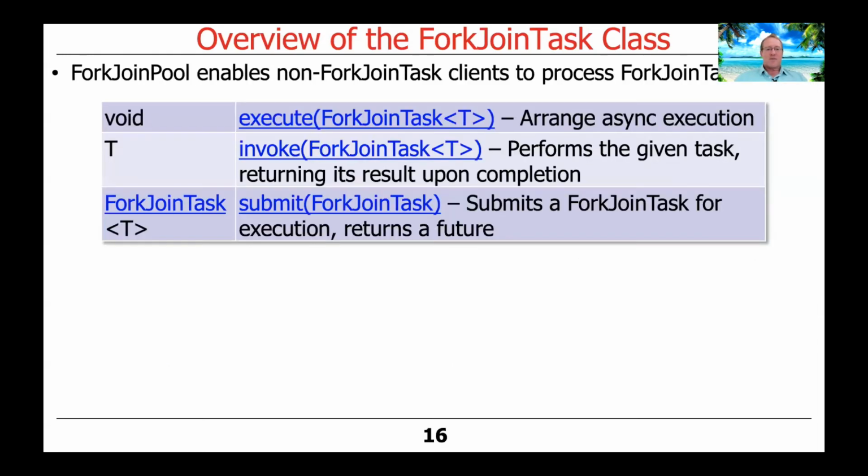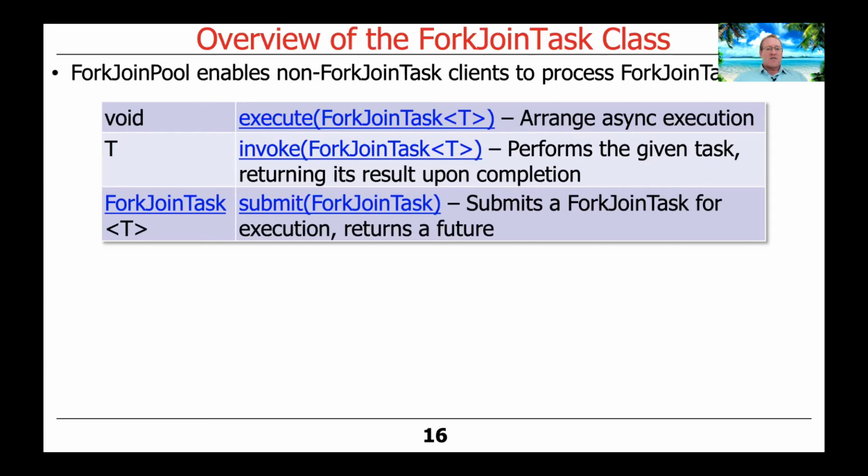Now, ForkJoinPool, which is the kind of interface class we just talked about, enables non-ForkJoinTask clients to process ForkJoin tasks.